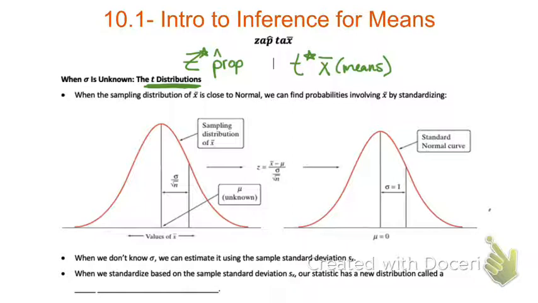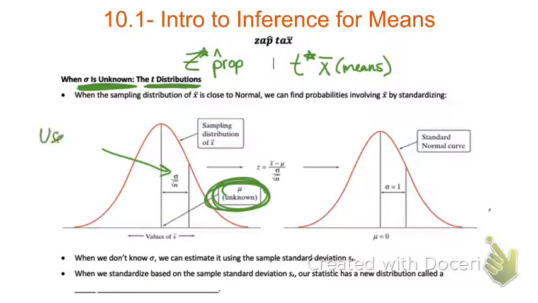Because of that fact, we're going to go to a T distribution that allows for a little bit more variability in our estimations. Because sigma is unknown, we're going to use a T distribution. Mu is obviously unknown.